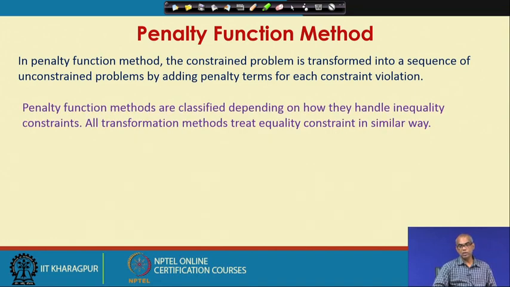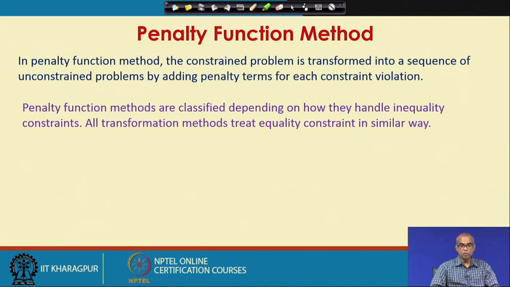Penalty function methods are classified depending on how they handle inequality constraints. All transformation methods treat equality constraints more or less in a similar way. So, the way equality constraints are handled is similar in almost all methods that come under transformation methods or penalty methods.